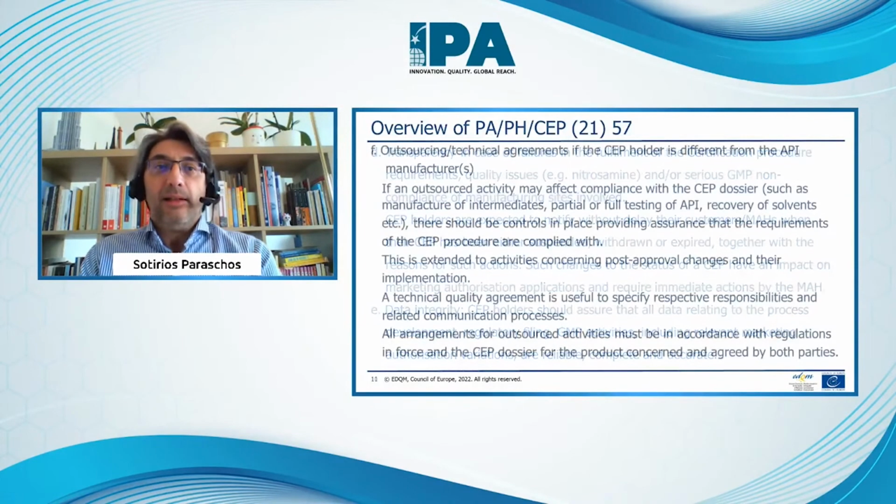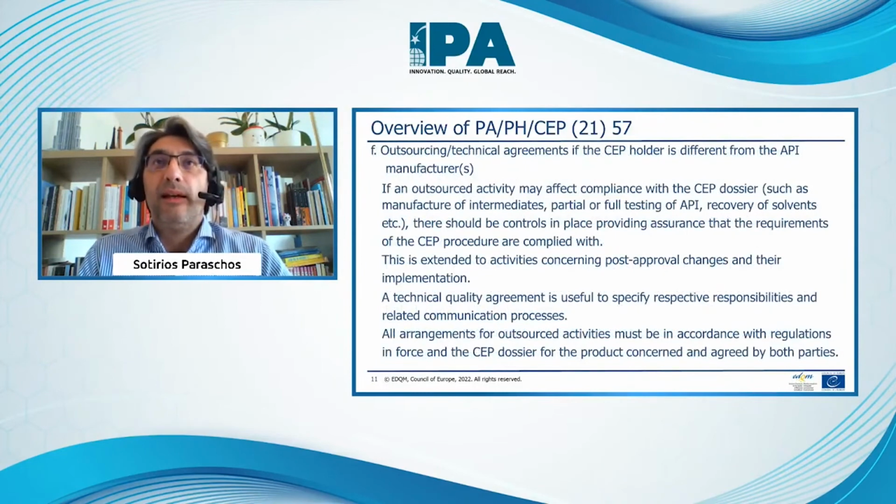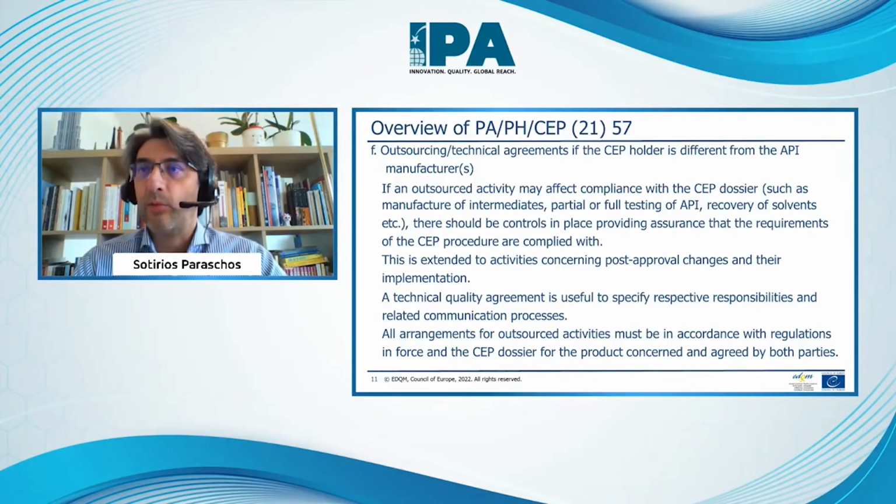In the next slide, we can see, I think it's the last point, concerning the responsibilities of CP holders against their customers, which concerns the outsourcing and technical agreements in case the CP holder is different from the API manufacturer, which happens frequently.